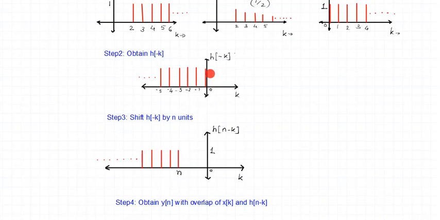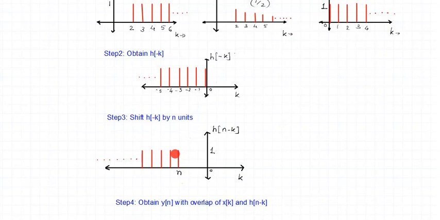Rest all the samples follow sequentially after this sample. So this n tells us that there is a shift in the signal by n units. So this is the shifted signal h of n minus k.